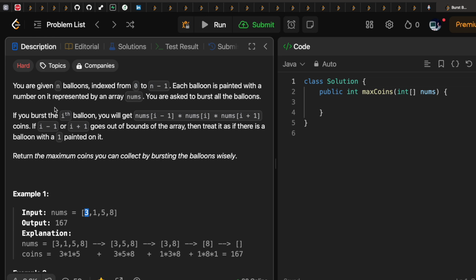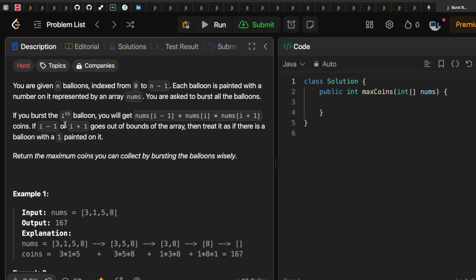If you burst the ith balloon, you will get nums[i-1] times nums[i] times nums[i+1] coins, the current number times the numbers on the left and right.